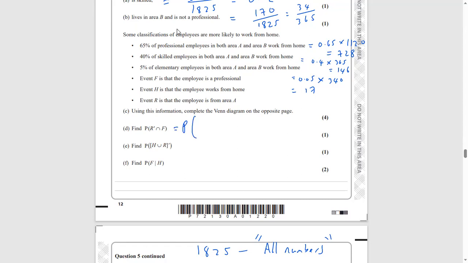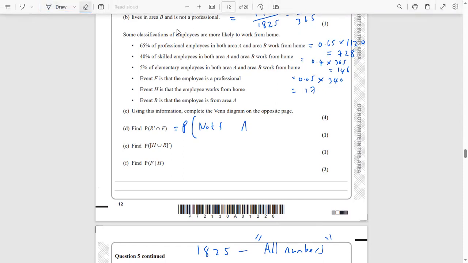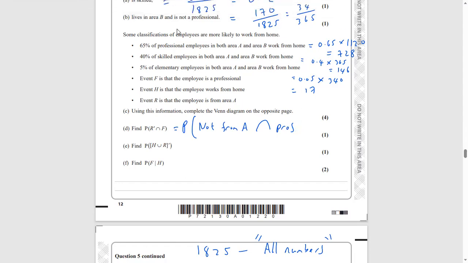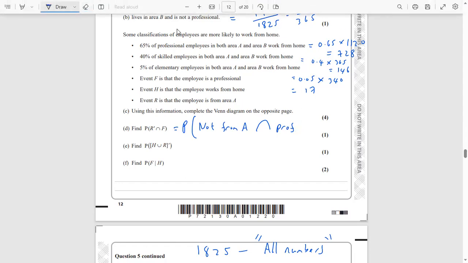So we want the probability that someone is not from A, and the intersection of not from A with being professional. So what's the chance we pick someone who is not from A but is a professional? Sorry, I spelled professional wrong.